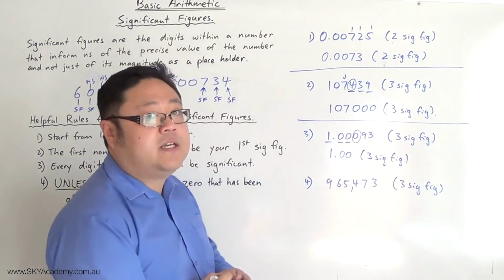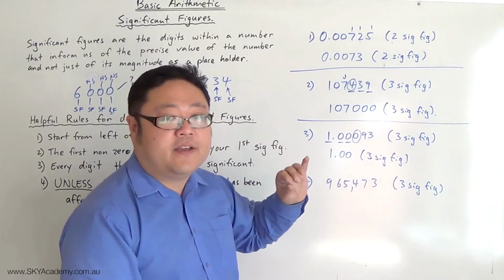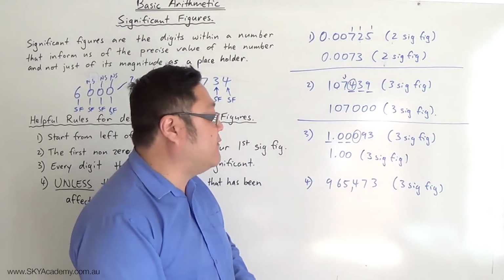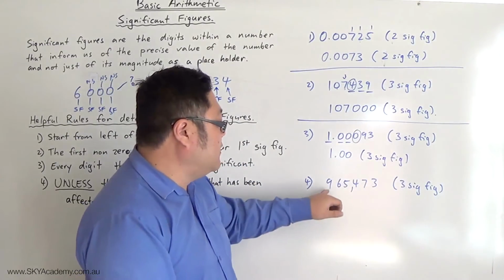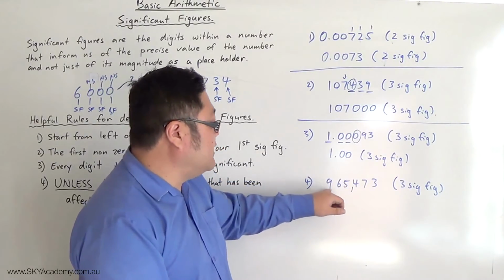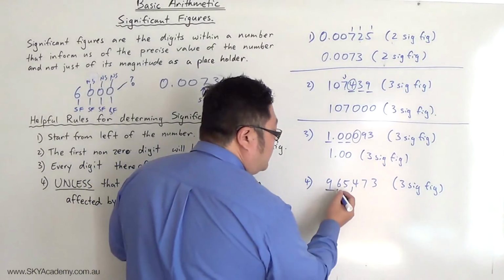Now in this particular case, the zeros after will be significant. We know that because we have rounded it to 3 significant figures. They're not just placeholders, okay? This one here, 3 significant figures, 1, 2, 3.